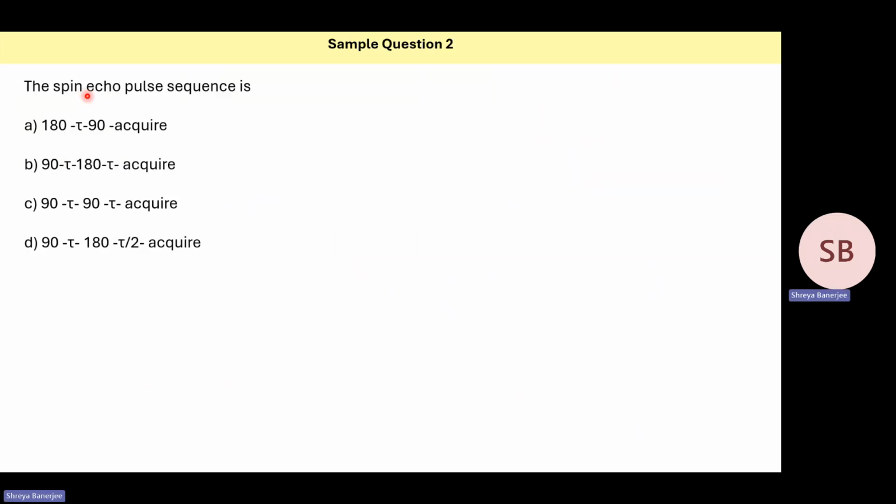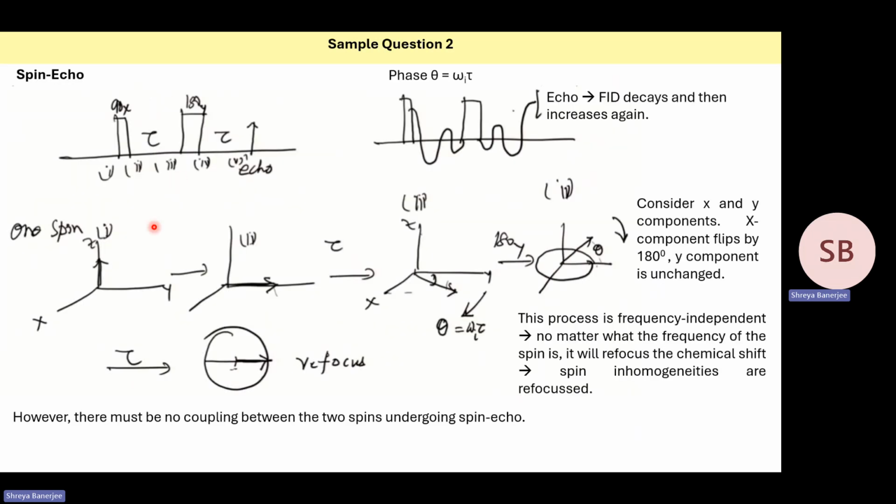Next, the question is asking, what is the spin echo pulse sequence? So spin echo, if you remember, we have the magnetization along Z. We apply a 90 pulse, which forces the magnetization to come along Y. A time tau is applied to allow the Y magnetization to evolve, and it comes somewhere in the XY plane. After that, a 180 pulse is applied, which flips the magnetization in this direction.